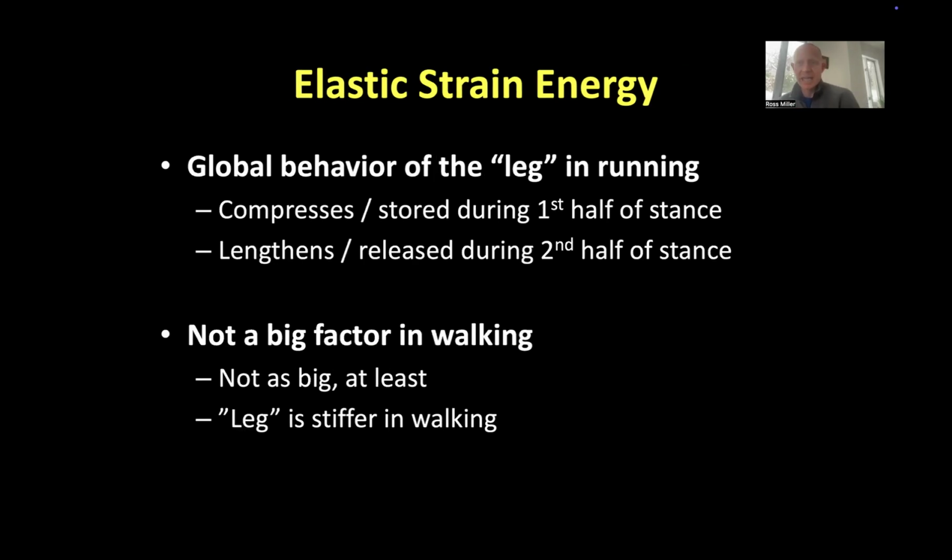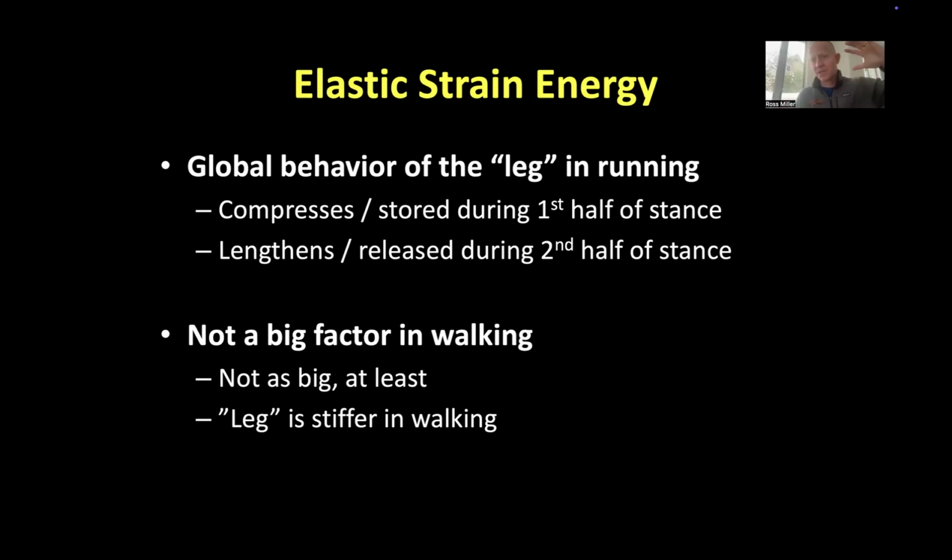So that elastic strain energy, that's kind of the key energetic difference between the mechanical behavior of the leg in walking and running. In running, you hit the ground and your leg kind of compresses as you're accepting your body weight on the ground, and then it decompresses or kind of springs off the ground as you push off the ground and get airborne and get ready to hit the ground with your next leg.